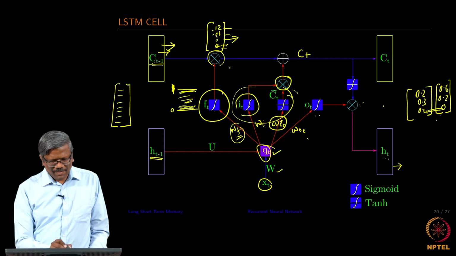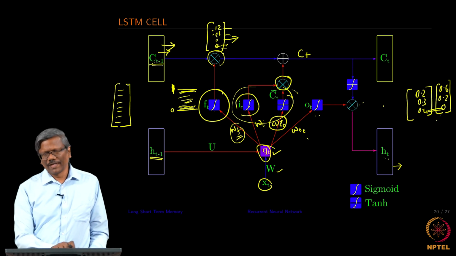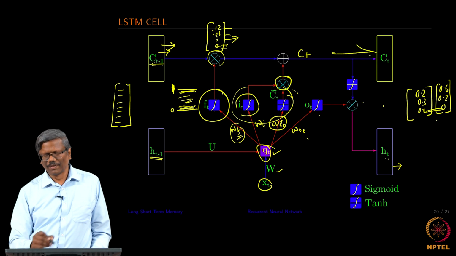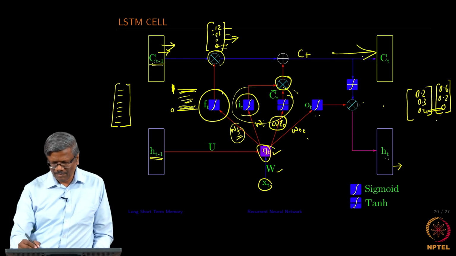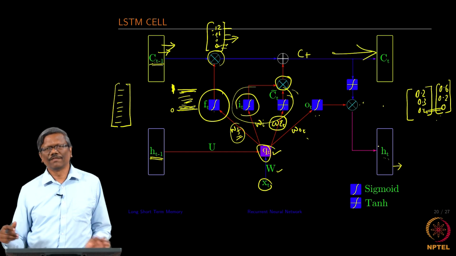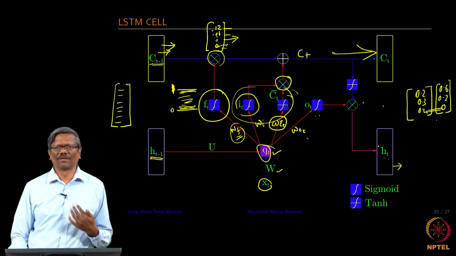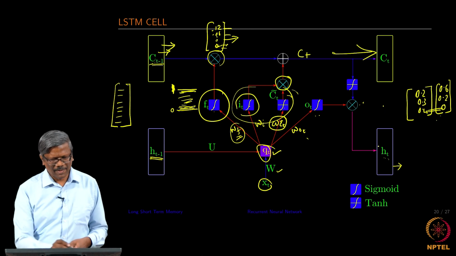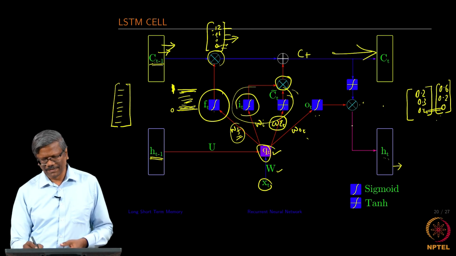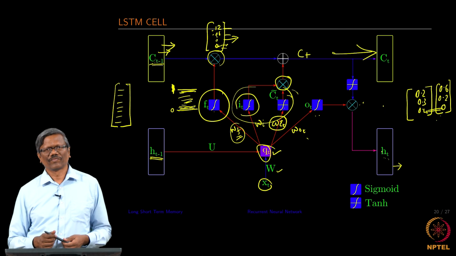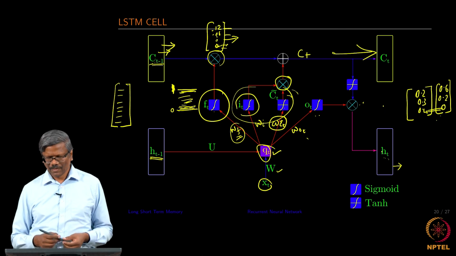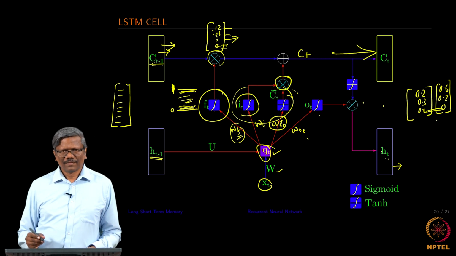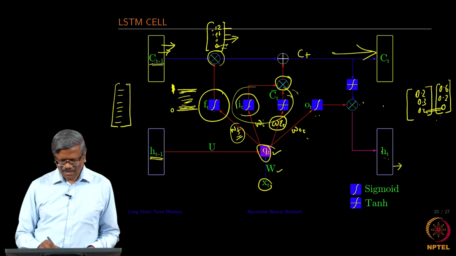So, the certain thing that we want to retain will continue to be made available through CT, and they will be pushed, and HT will keep remembering those long term dependency through the application of CT in the process. Okay. Is this clear now? Okay.